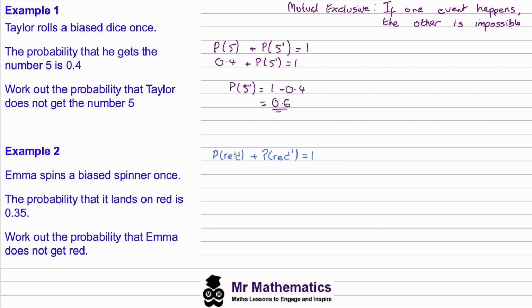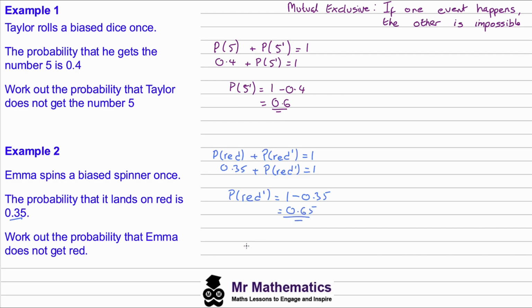One of these will happen, but they can't both happen at the same time. And we're told that the probability of a red is 0.35. So we're looking at the probability of a not red, and they will add together to make 1. So a probability of a not red will be 1 minus the 0.35, which is 0.65.